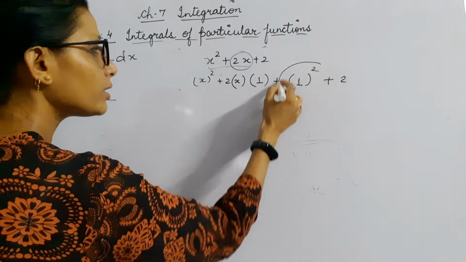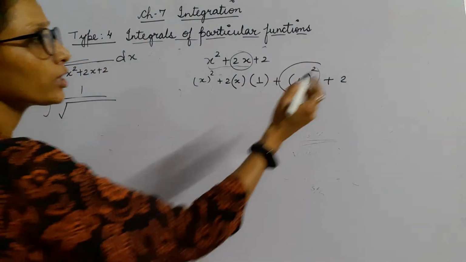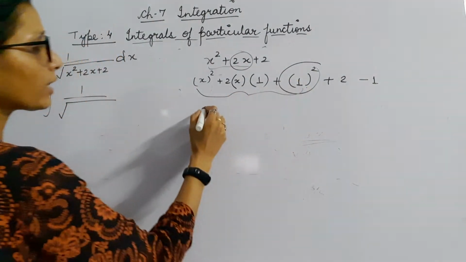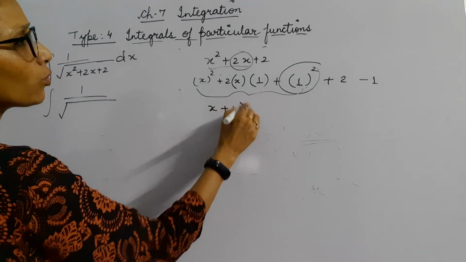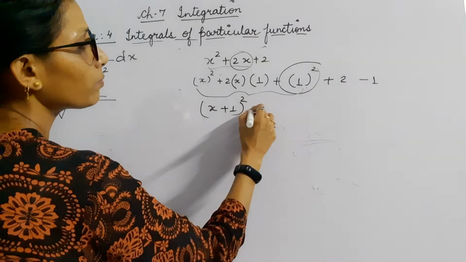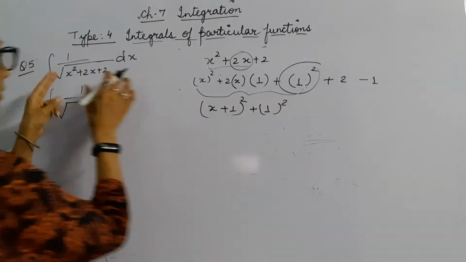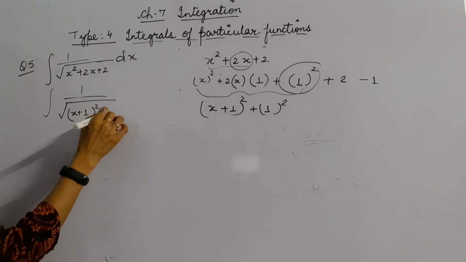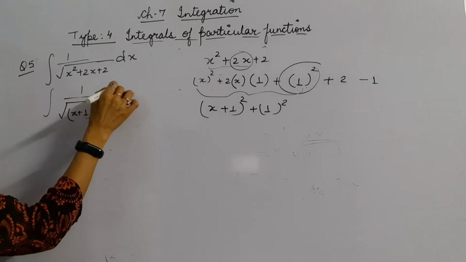That means this is the term which you are adding on your own. So you have to subtract this term also. So these three terms can be written as x plus 1 whole square, and this will be plus 1. So this complete can be written as x plus 1 whole square plus 1 whole square into dx.